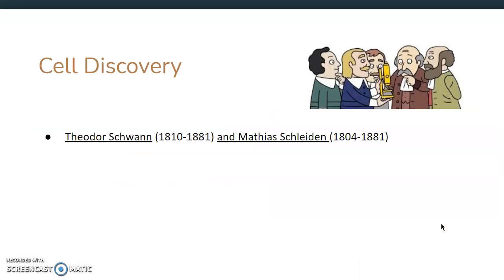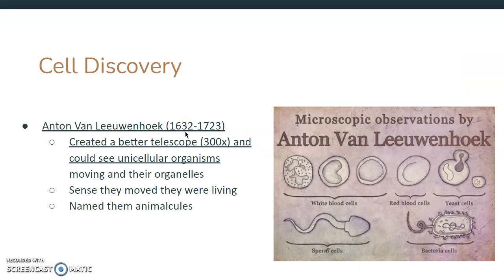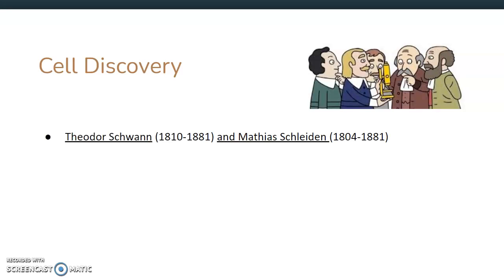So finally we start to get our cell discovery, or I should say our cell theory. So these scientists read a lot of what Hooke and Anton van Leeuwenhoek worked on. So Theodore Schwann and Matthias Schleiden, who lived in the 1800s and even died the same year, worked together after reading a lot of the work done by previous scientists, and they created the first two parts of cell theory.